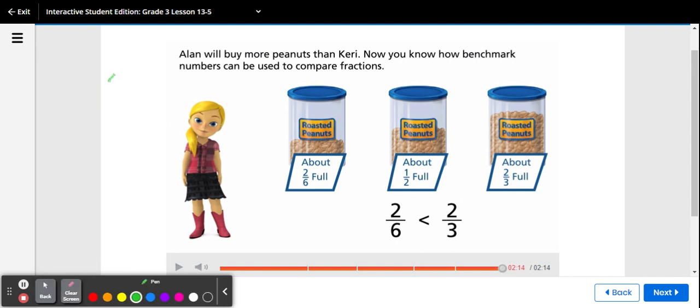Now, she just said to remember that 2/6 was equivalent. That means it's equal to 1/3. So how do I know that? Why would I have thought about that?